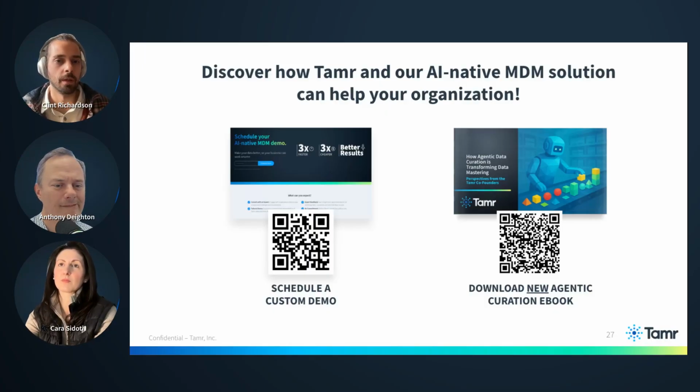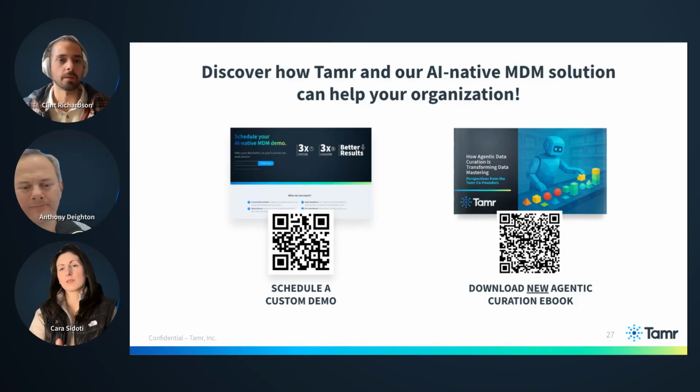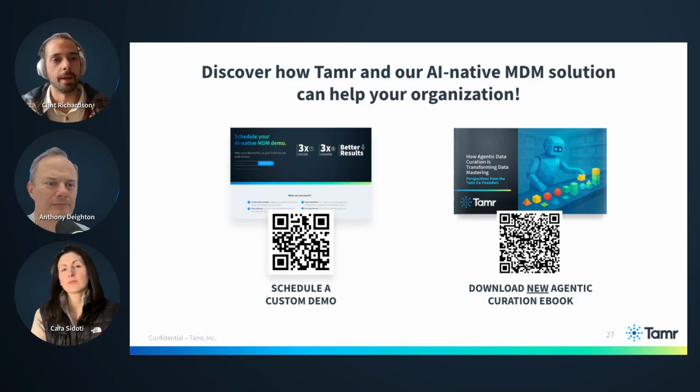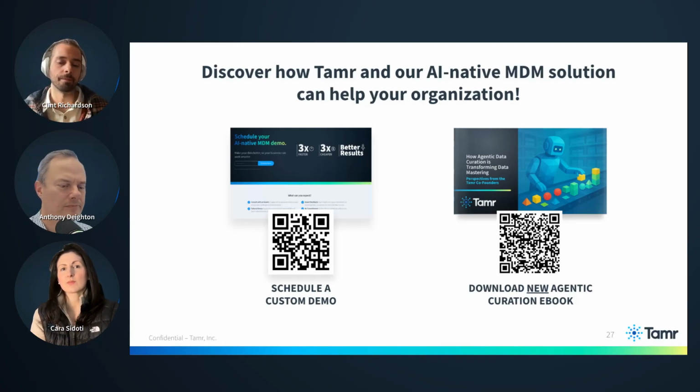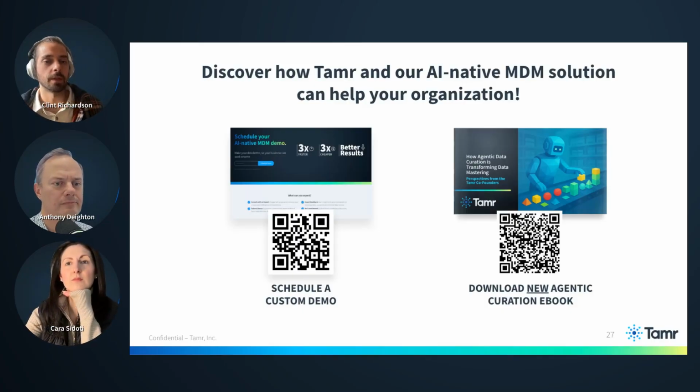That's something that we are going to own in the beginning to help make you as successful as possible. But over time, we want to enable configuration so that our customers can leverage agents in the way that makes the most sense to them for the data that they care the most about.